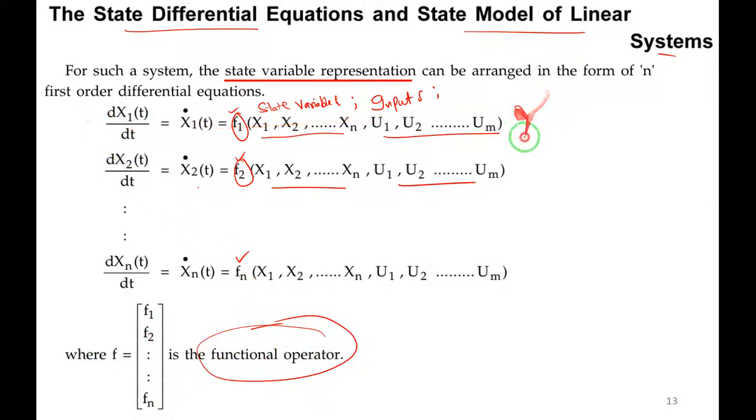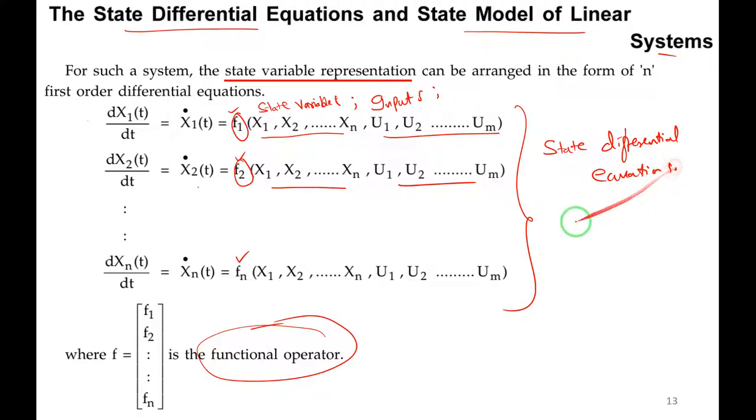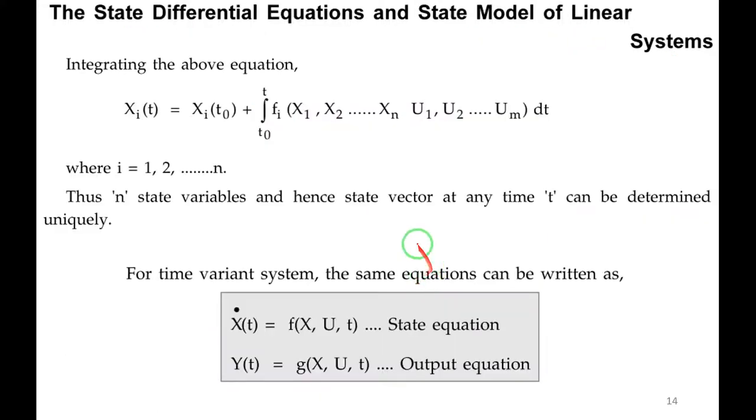These equations we call state differential equations, or simply state equations: x1 dot of t, x2 dot of t. Just try to understand, later on I will tell you everything.